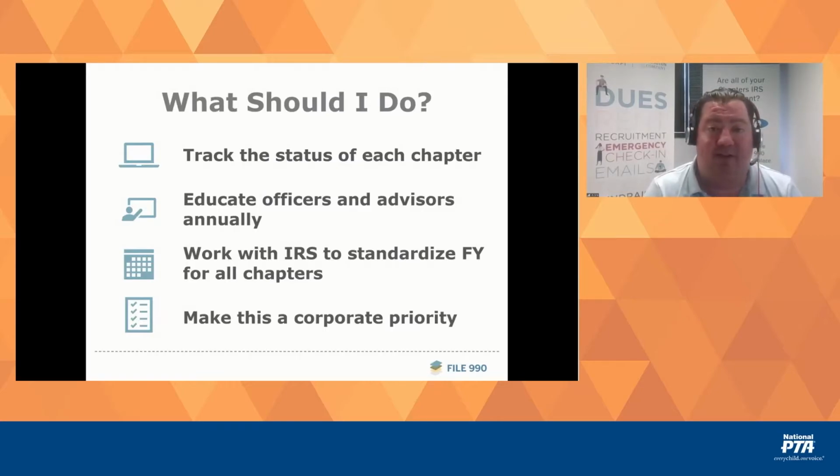I think you'll be pleasantly surprised that at least half, if not more, are doing the right thing and filing regularly and in good standing. But then develop a plan of attack: how do we get the revoked chapters reinstated? Or if there are chapters that are 2 or 3 years behind, how do we get them up to speed so they don't fall into a possible revocation category?